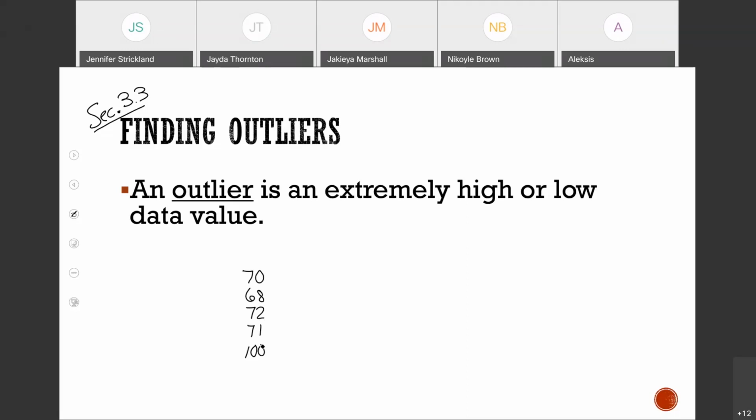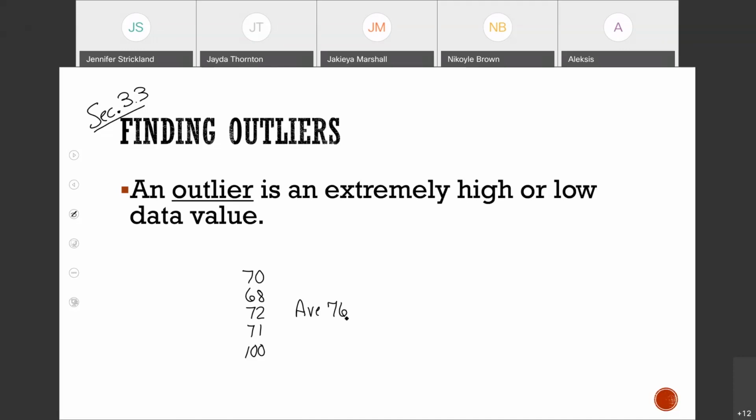If the teacher is going to average those 5 grades, they add them up and divide by 5, right? Let me do it real quick. I get an average of 76.